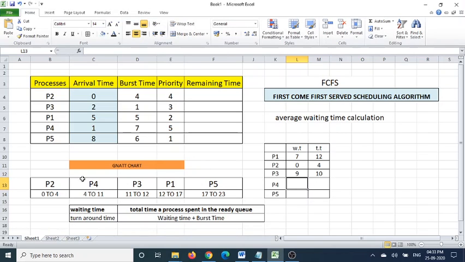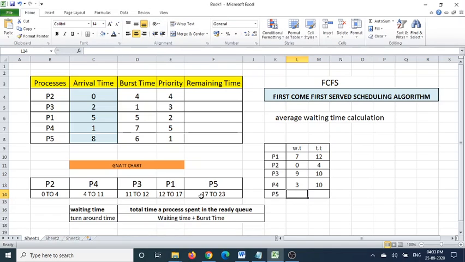If you take P4, P4's start time is 4, and P4 got into the queue at 1, so it is 4 minus 1, 3. P4's burst time is 7, so 7 plus 3 is 10. Okay.